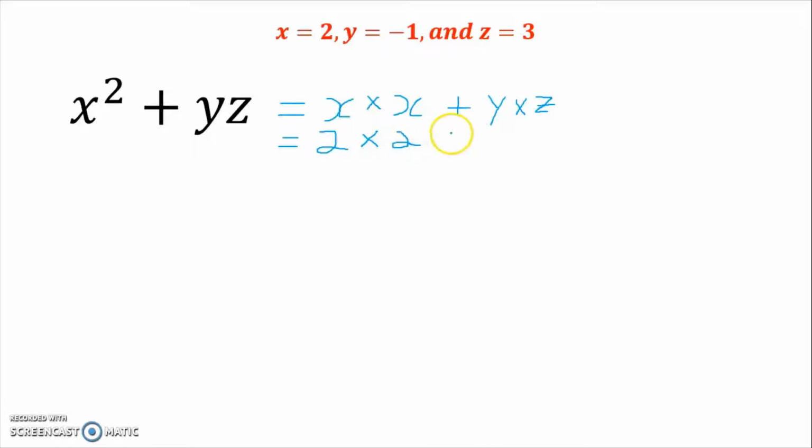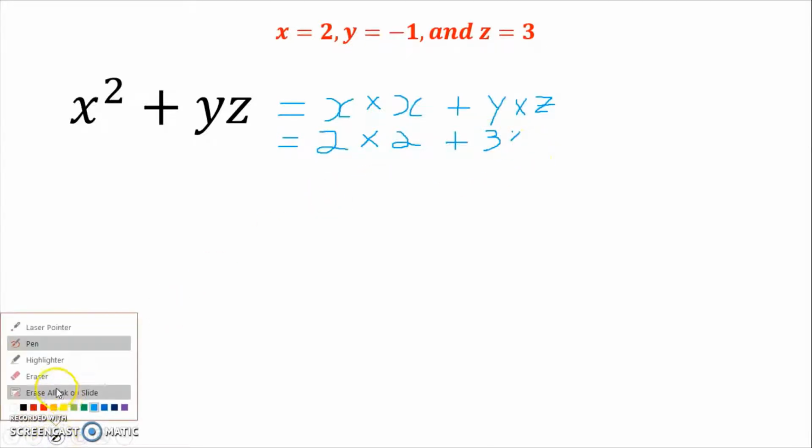And then we will add that product to y multiplied by z. Remember, this here is not yxz, this is y multiplied by z. Notice how I make my x and how I make my multiplication sign. Sorry, the value for y is, let me make that correction.